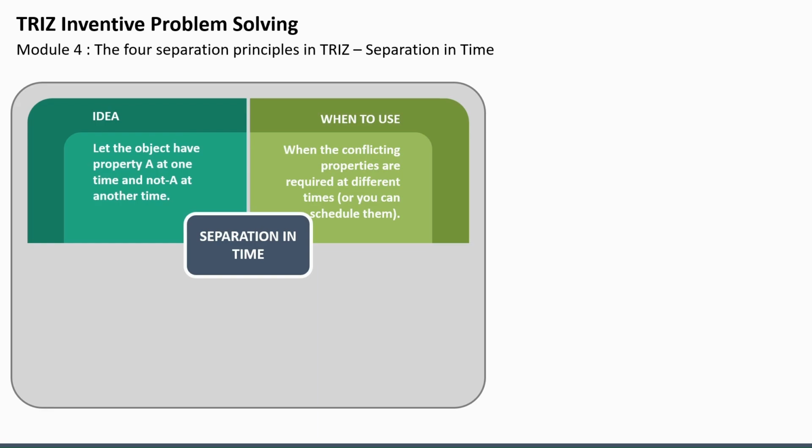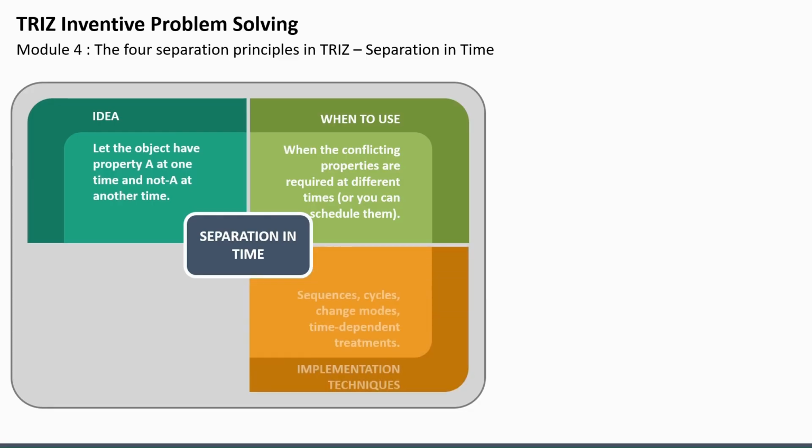The same product might require a particular characteristic but at two different levels, or at an opposite level. And implementation techniques: sequencing, cycles or change modes, time dependent treatments. So these are all the techniques by which we will get this implemented.